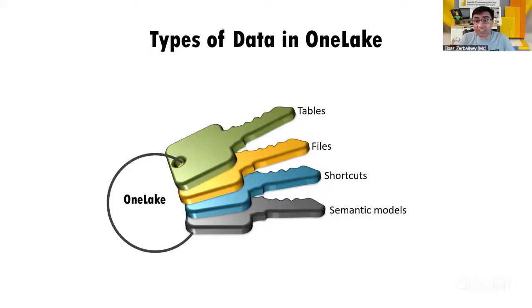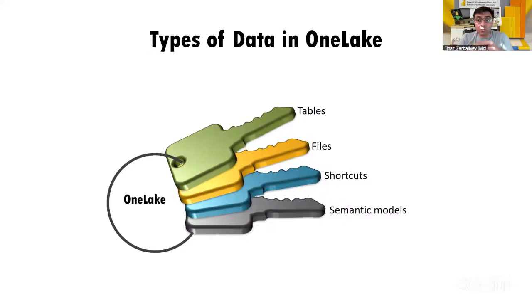From a user's perspective, the data appears as though it's part of the lakehouse, while the actual data remains in its original location. OneLake also supports semantic models, which provide the business-friendly data layer used by Power BI for reporting and analytics.